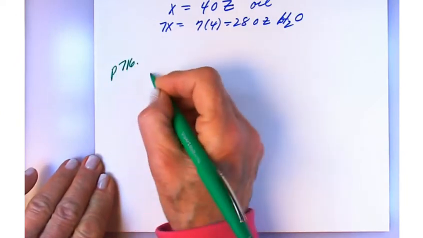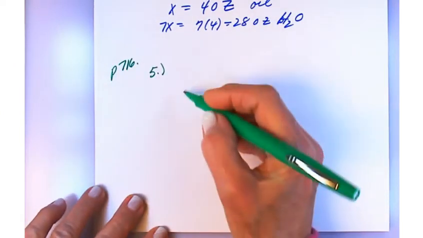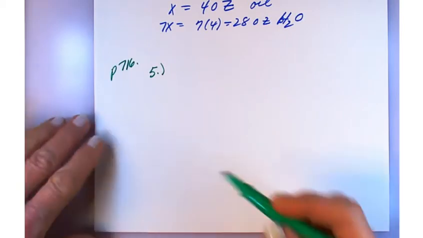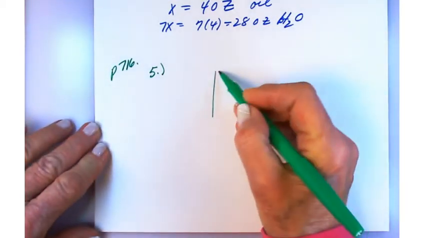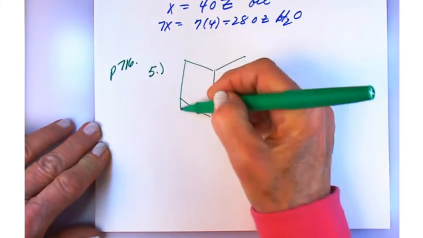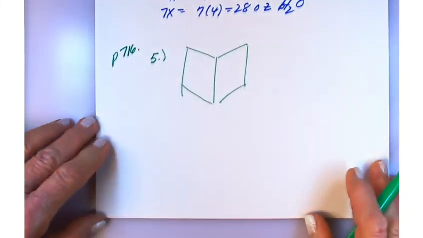I need something. So looking at number 5, number 4 was a little bit hard. Number 5, 2 pages that face each other in this book have a sum of 569. So let's look at our book like this. And we have 2 pages.